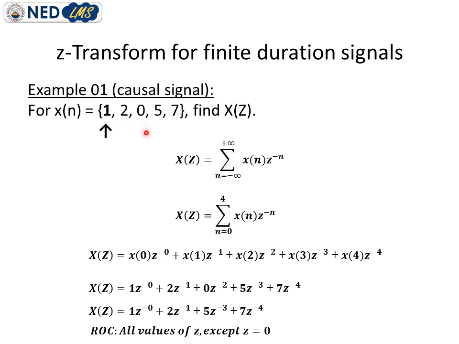So there are total 5 samples and n is varying from 0 to 4. So the summation upper and lower limits are from 0 to 4. So here we put n is equal to 0 to n is equal to 4, and the remaining expression remains the same.